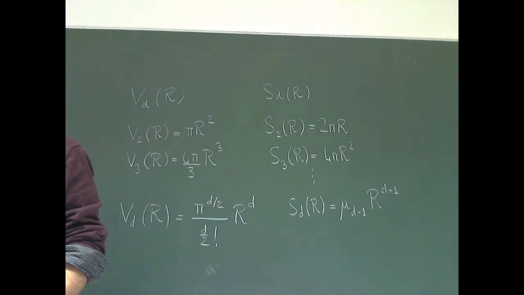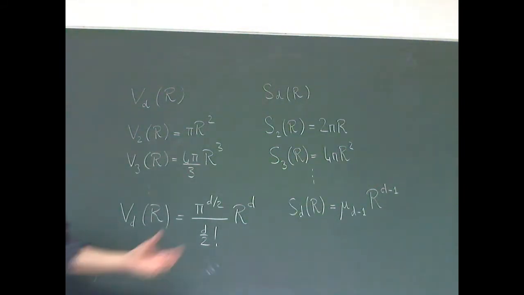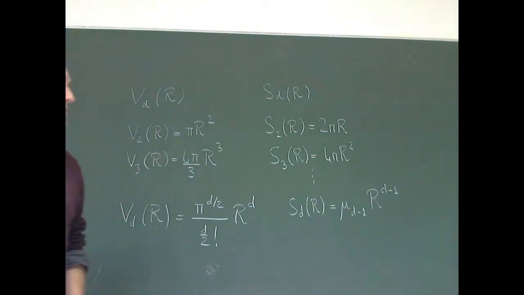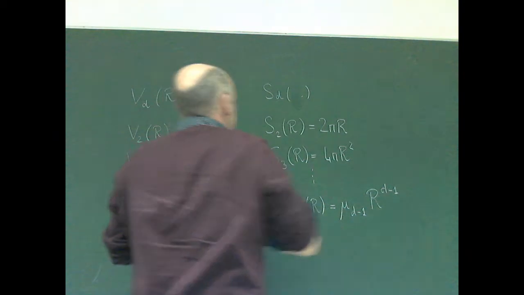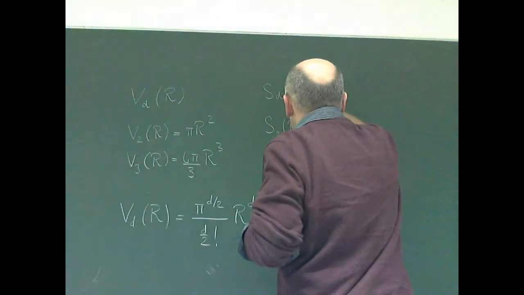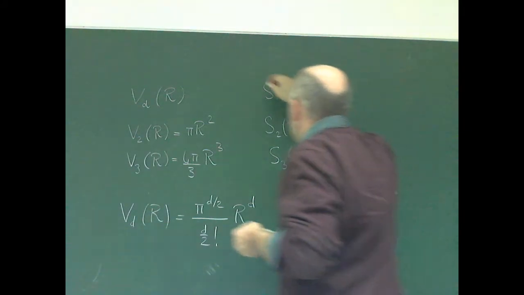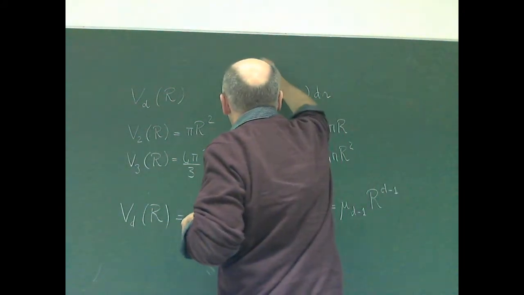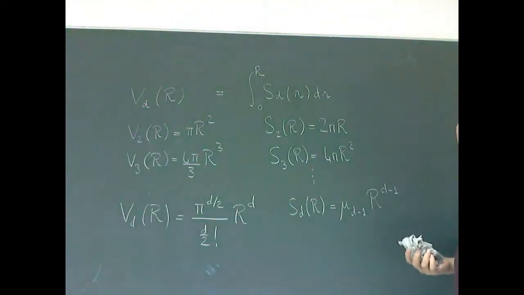So the next point is, what is this mu of d minus 1? These two are connected, because if I integrate the surface of the sphere of radius r, integrating dr from 0 to r, this is exactly what I get: the volume of the sphere.